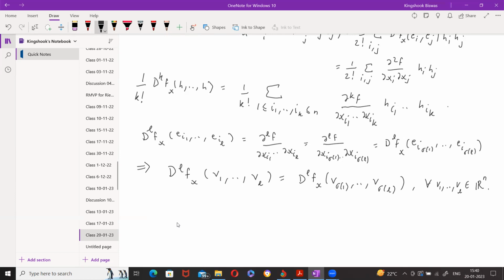Right. So what does that mean? That means this L-multilinear function, this Lth derivative, is a symmetric multilinear map. It's invariant under permutation. Is that clear?